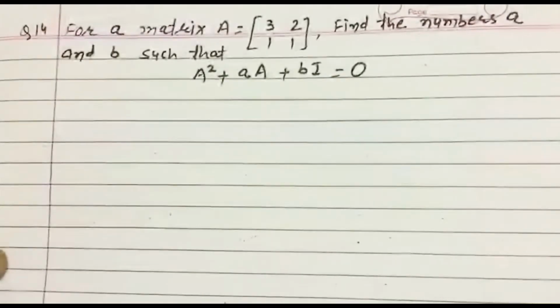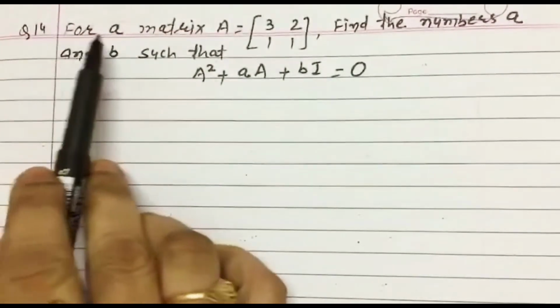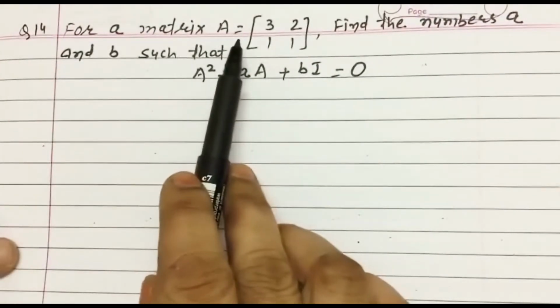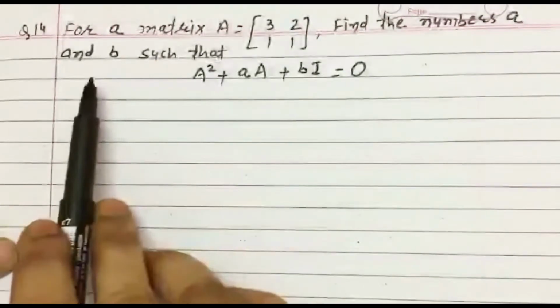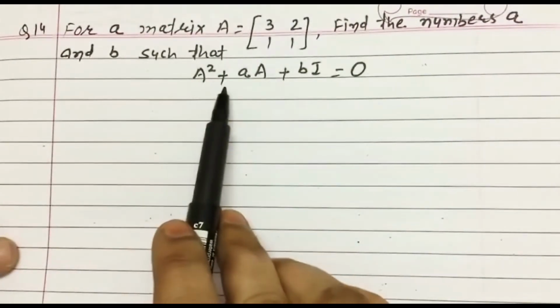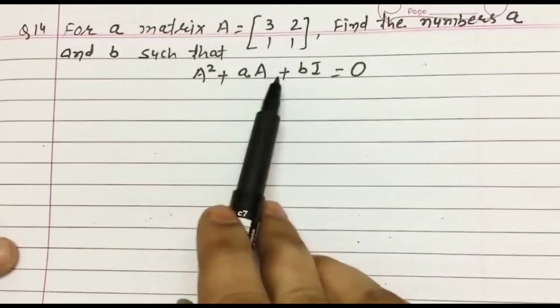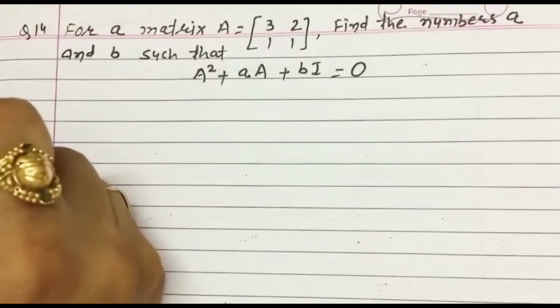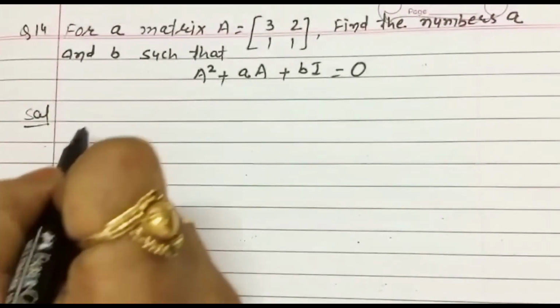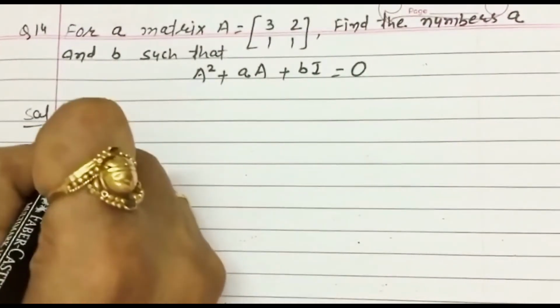The next question is question number 14. For a matrix A equal to 3, 2, 1, 1, find the numbers a and b such that A square plus aA plus bI is equal to the 0 matrix. So for this question, first we have to find A square.